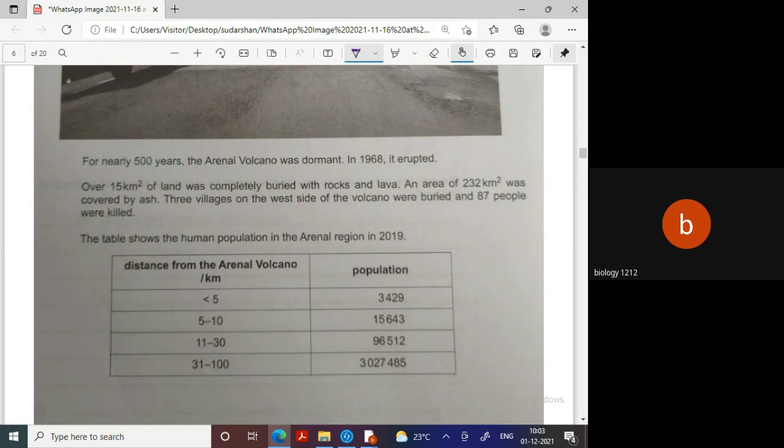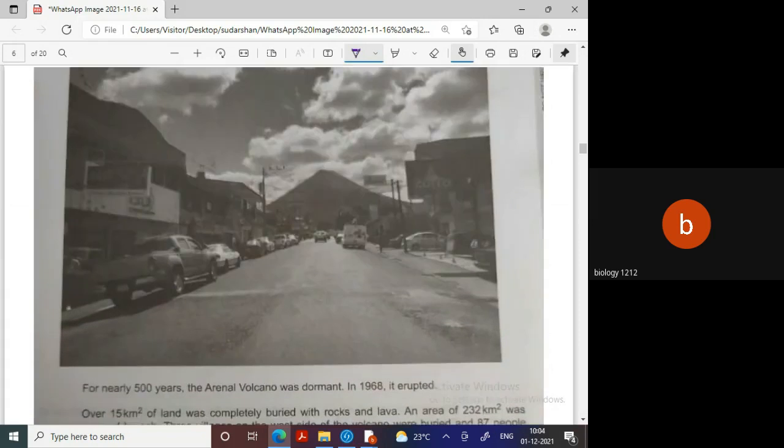Away from the volcano, it is around 30 lakhs 27,000, whereas if the range is from 11 to 30, the number is 96,000. At 5 to 10 kilometers, it is 15. And near to the volcano, the human population is 3,429. That is very low near to the volcano.